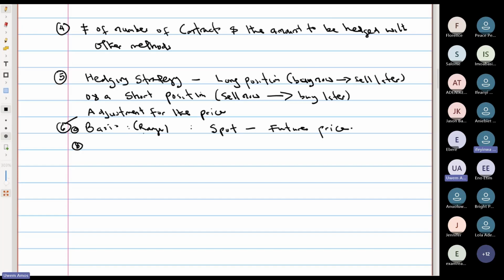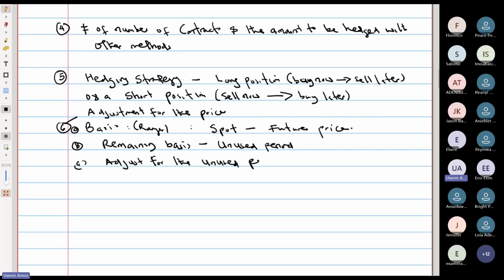We then determine the remaining basis, which is the unused period. And then we can adjust for that unused period.